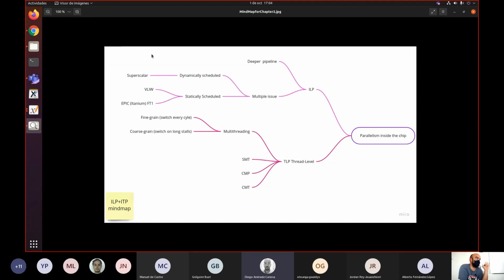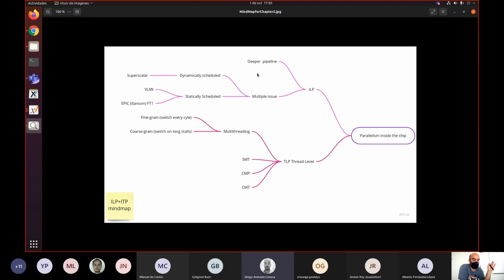We have covered this first half, instruction level parallelism, and we found that there were two ways to improve it. One is pretty obvious, which is to create deeper pipelines with more stages. We mentioned that current pipelines have between 15 and 20 stages. And the other, the one that we have commented on in more detail, is called multiple issue.